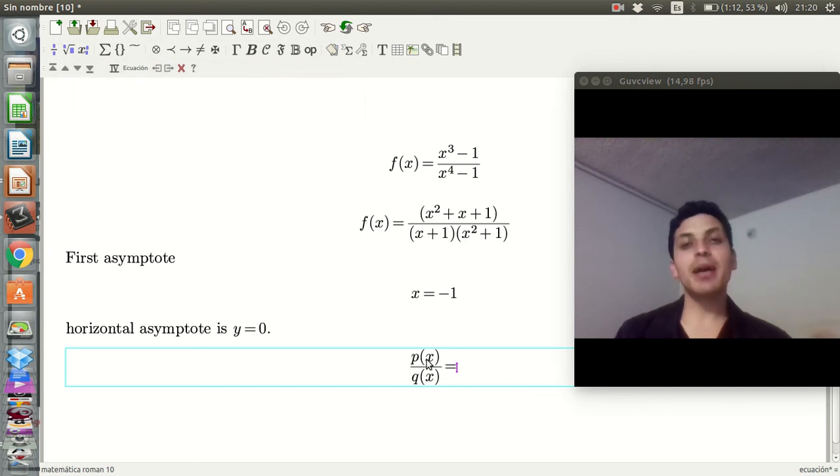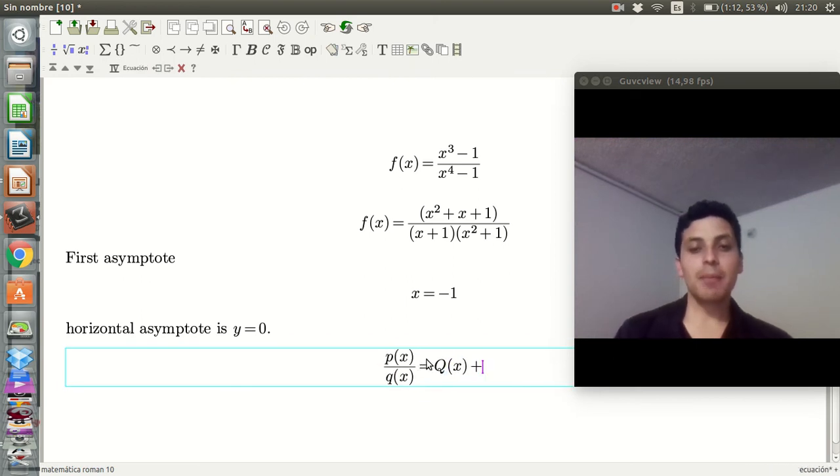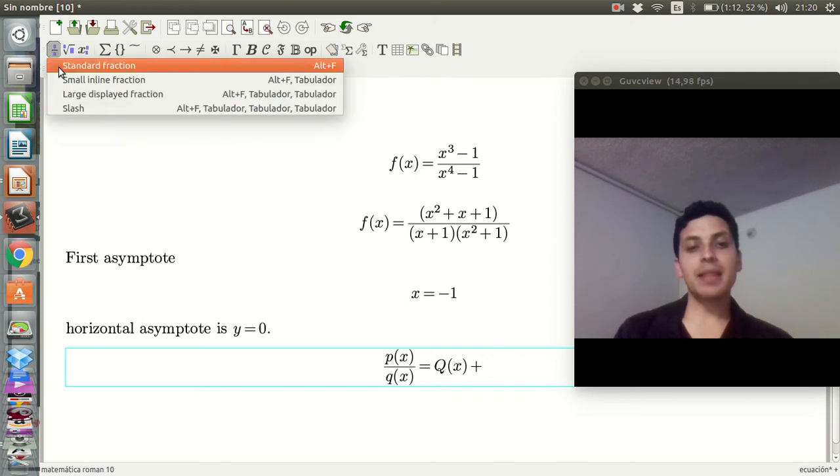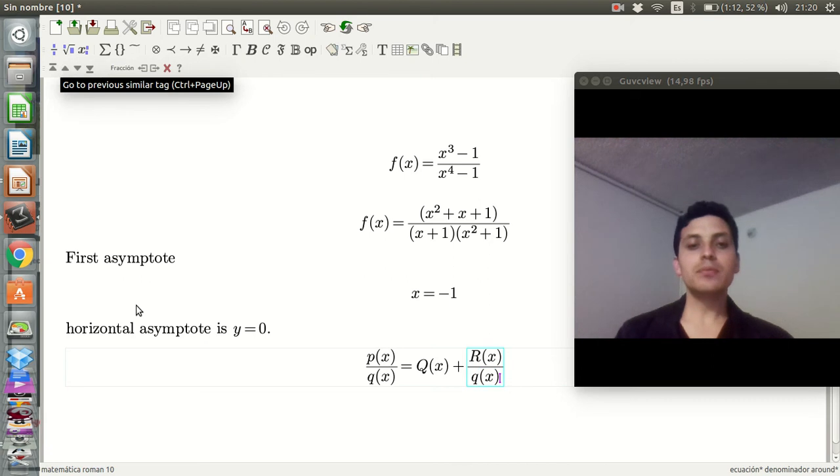So if I divide them by long division, I should have the quotient of these two, capital Q, the quotient, plus remainder over divisor. Okay, the divisor here is q.